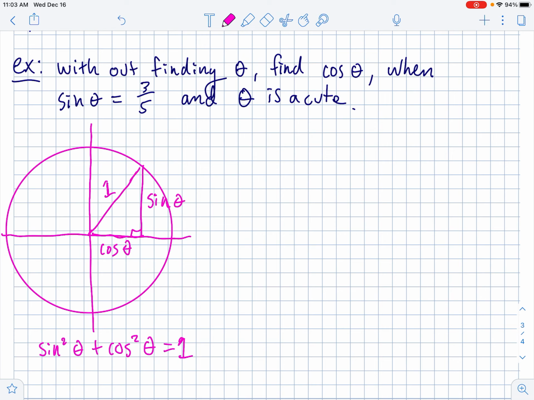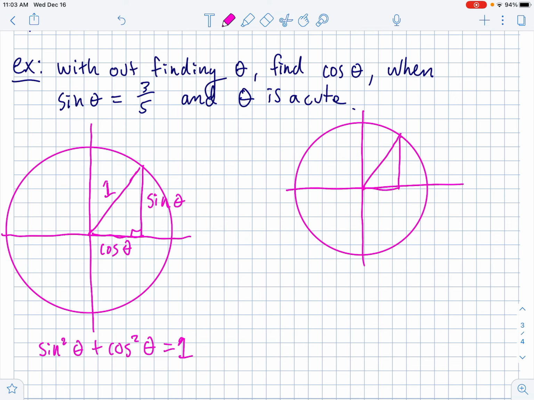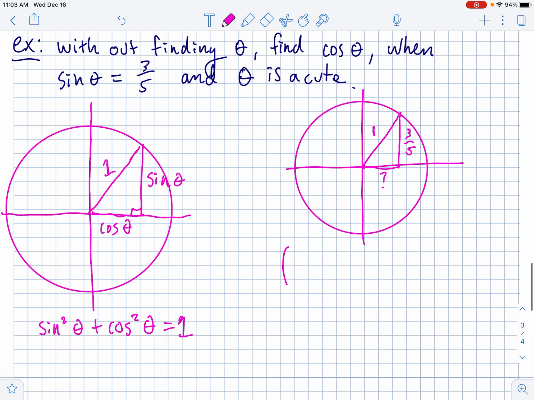So if the sine of theta is 3/5, let's draw a quick picture. I don't know what rotation this is, but we'll just put it in the first quadrant and say that the sine of theta is 3/5. So the height is 3/5, and we don't know the base, but we know that the hypotenuse is 1.